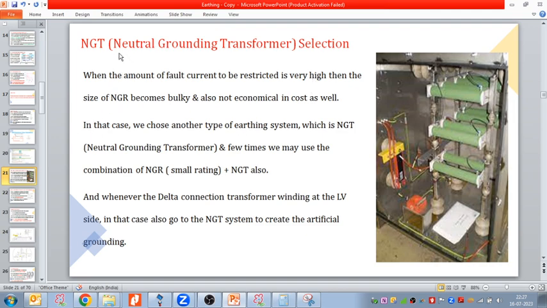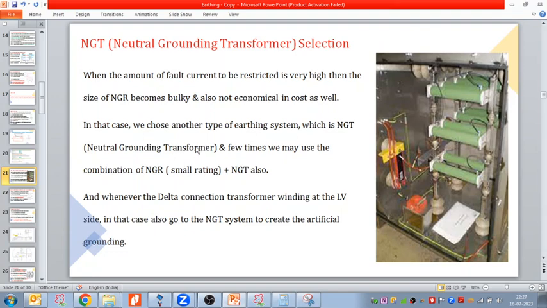When the amount of fault current to be restricted is very high, the size of the NGR becomes bulky, plus it is not economical in cost, plus it dissipates too much heat. When the large line to ground fault current flows through the resistance, it dissipates heat as well.